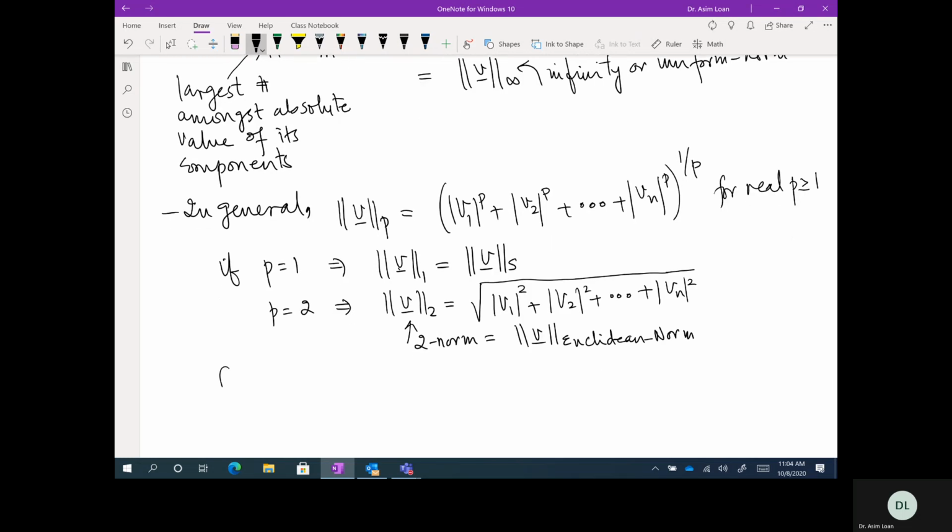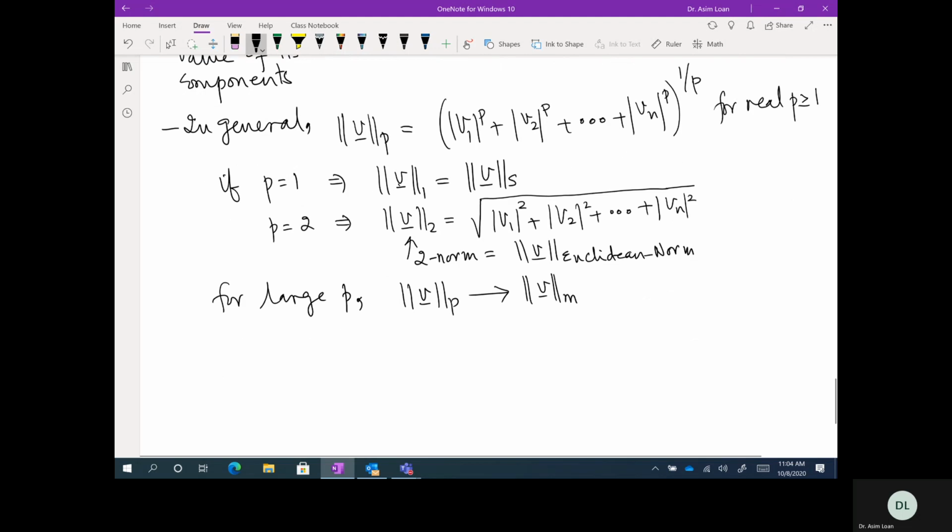And for large p, the p norm approaches the maximum norm. That's why this is called the infinity norm.